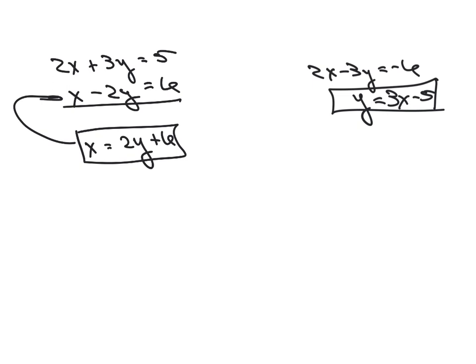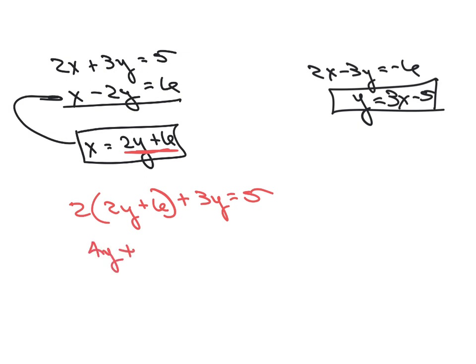So now I can look at my top equation, and wherever I see an x, I can put that in its place. And then I'll add my 3y equals 5. Now notice, all I have are y's there now. My x disappeared.